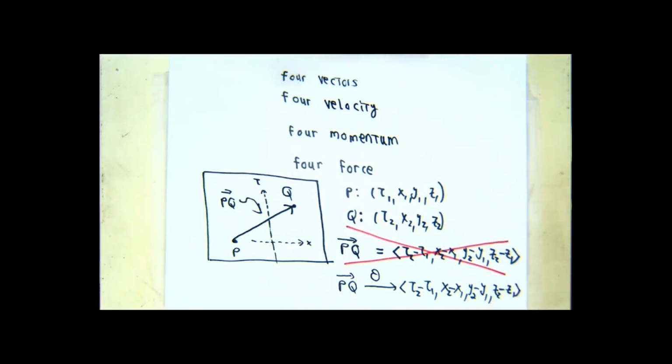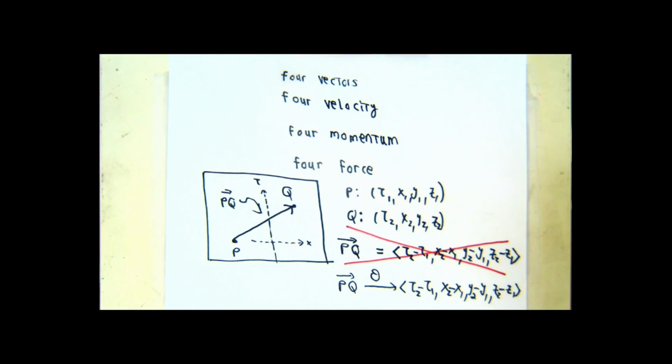So rather than adopt the notation that we did back in third semester calculus, we're going to say that the vector from P to Q, this arrow, has components with respect to O of the differences of coordinates as measured by O. If I were working in a different inertial frame, say O bar, I would say instead T bar 2 minus T bar 1, and likewise for the other components.